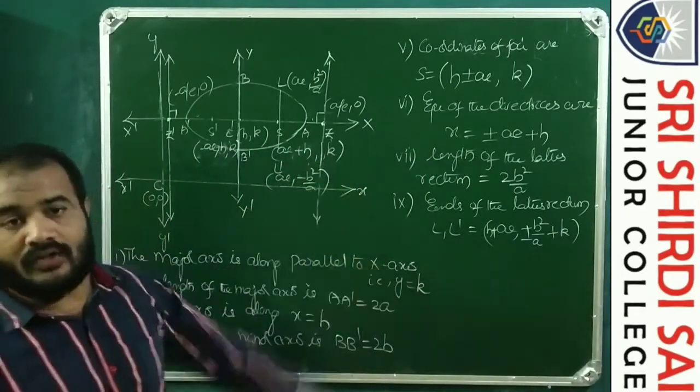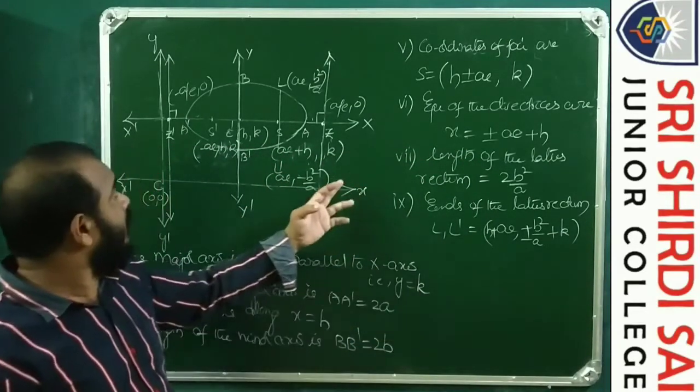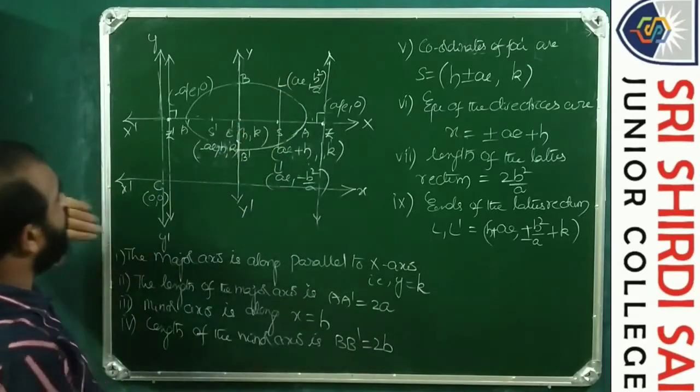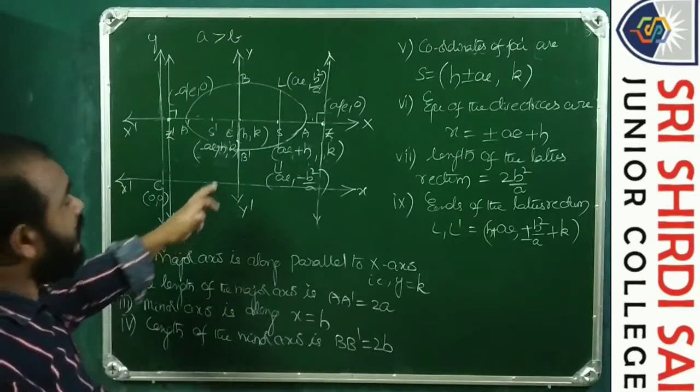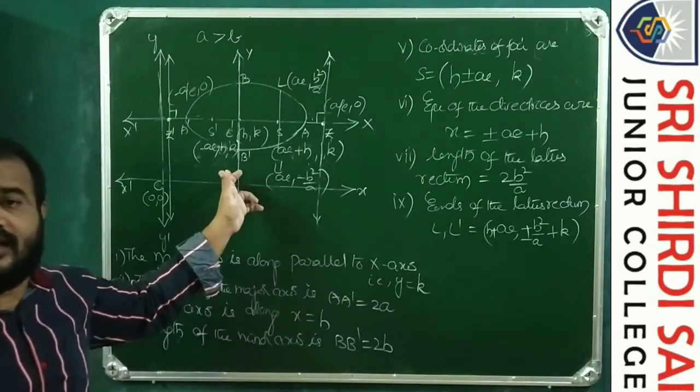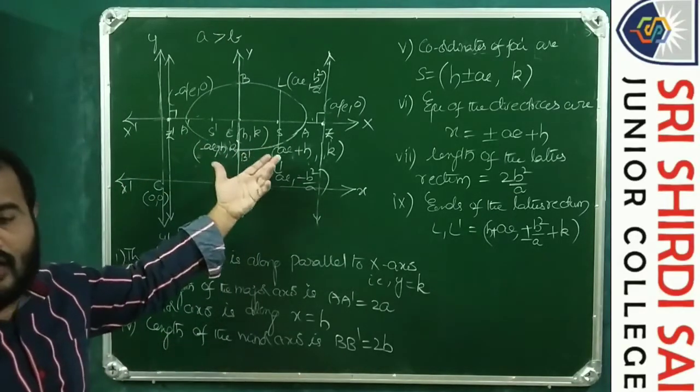These are the features of the ellipse with a greater than b, where the center is other than the origin, not at the origin.